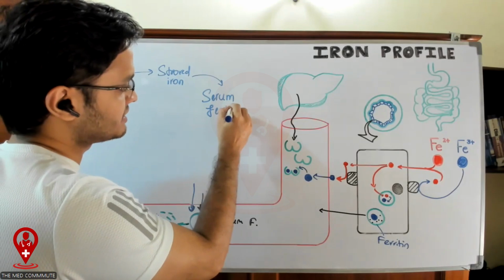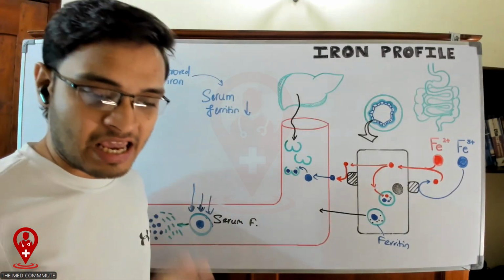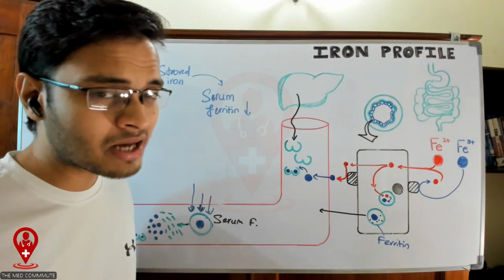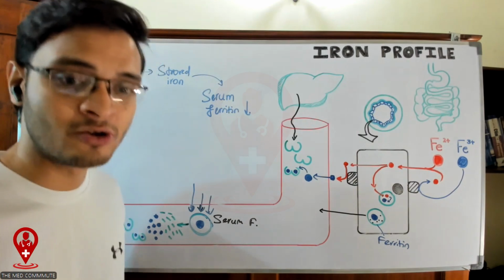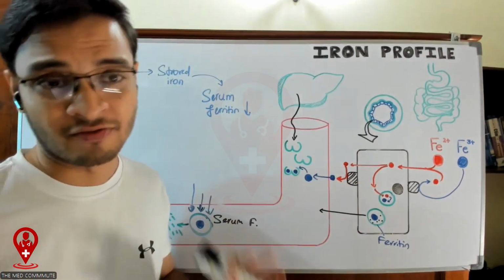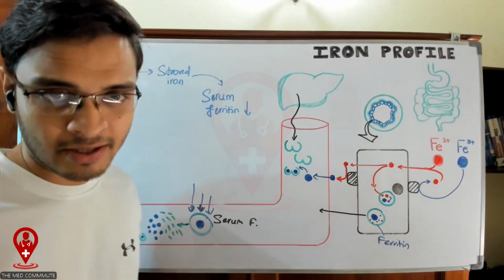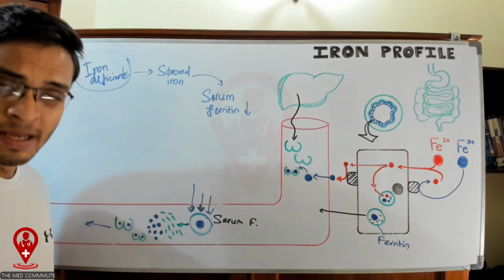Now, if his serum ferritin is low, what does that tell us about the iron stores? The iron stores are depleted. We said serum ferritin is a direct marker of the body's iron stores, so the body's iron stores are reduced, depleted.